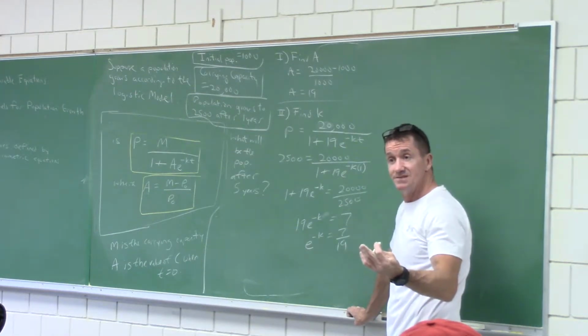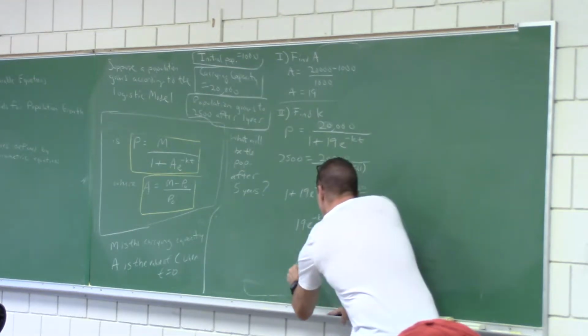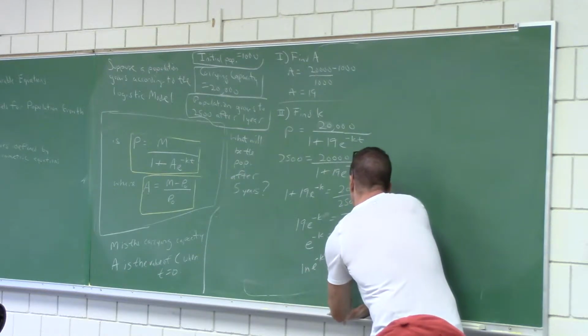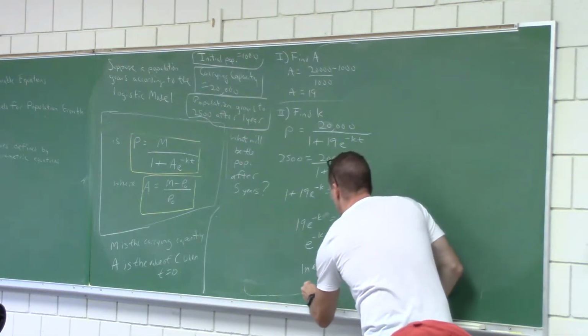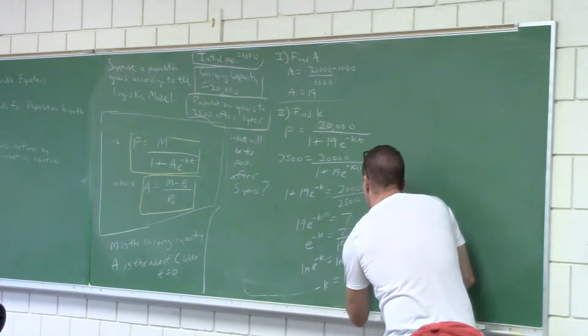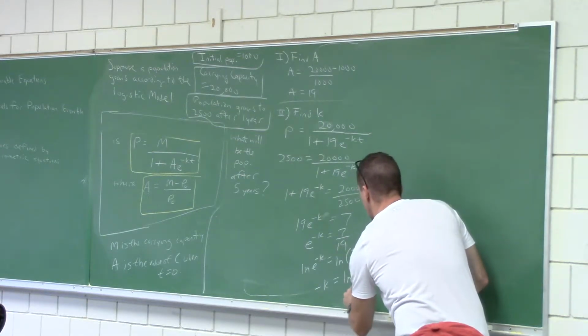Ln on both sides? Yep. Ln of. So what is, well, I'll just call it negative k. What's negative k? ln of 7 over 19. So k equals negative what?